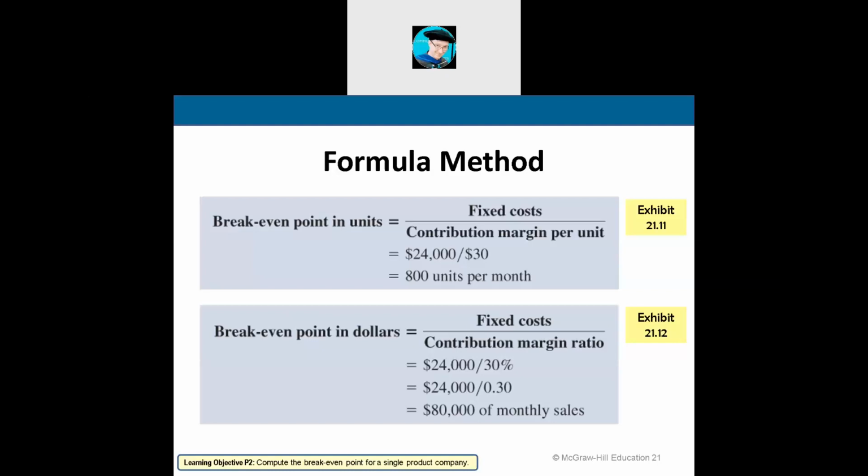Remember, the contribution margin per unit is your sales price minus your variable cost per unit. In this example, $30. Remember, the sales price was $100 minus $70 in variable costs. So $24,000 was my fixed cost, divided by $30 contribution margin per unit. That means I need to sell 800 units per month to break even.